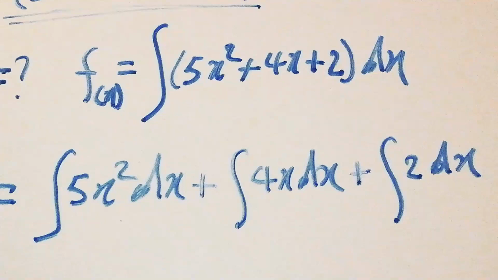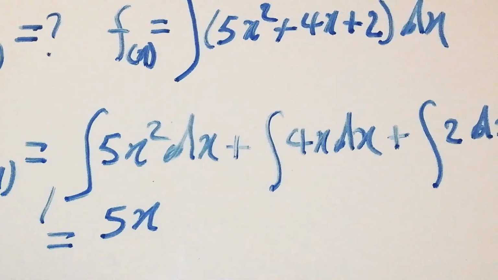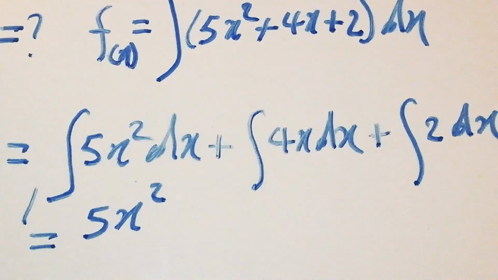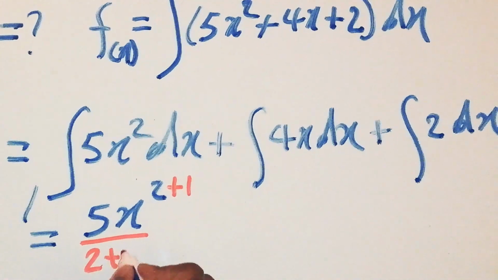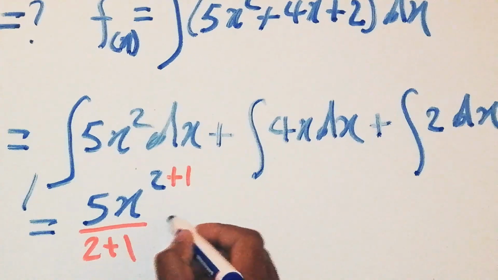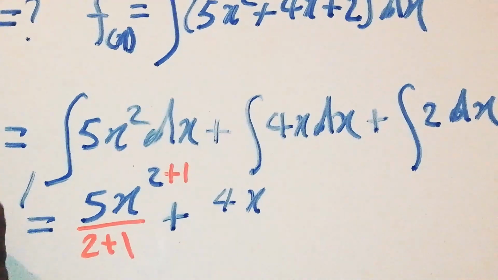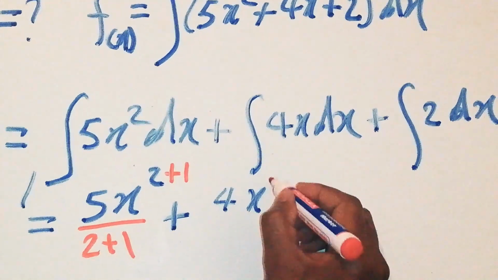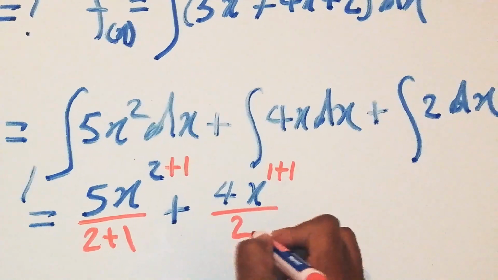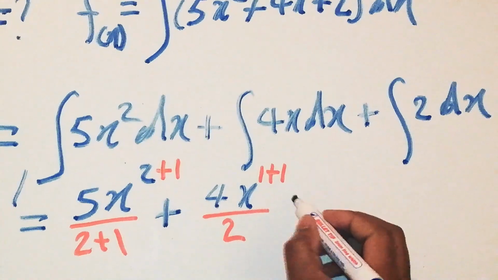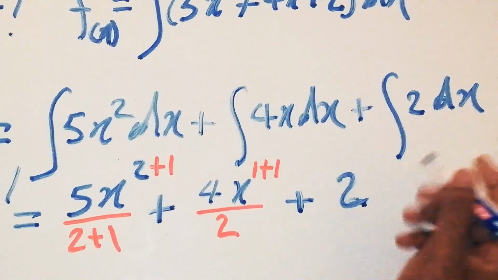So now I come there and say 5x, I put a 2 there, I add 1, whatever I have there I bring it down, 2 plus 1, and then 4x, knowing that I have a 1 somewhere there, so I say x to 1 plus 1, what I have there I bring it down here, and I carry on, plus 2.